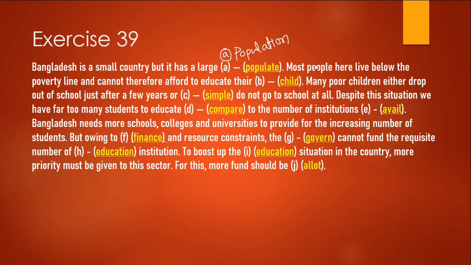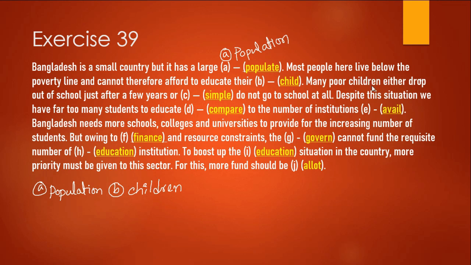Most people here live below the poverty line and cannot therefore afford to educate their children. So I'm writing here, the first one was population, B number children.